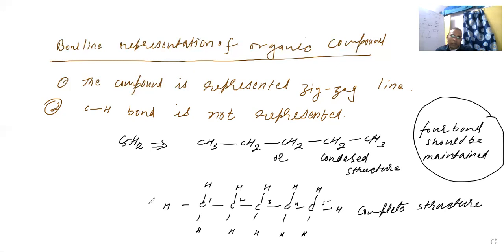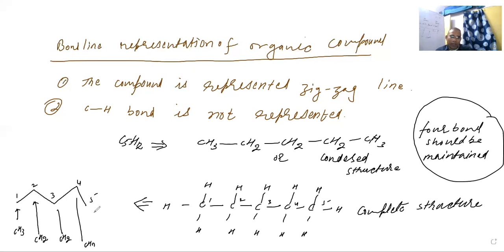Now, when you talk about the bond line form, there are 5 corners: 1, 2, 3, 4, and 5. This terminal is representing a CH3 group, this is a CH2 group, this is again a CH2 group, here also a CH2 group, and lastly the 5th position represents CH3.